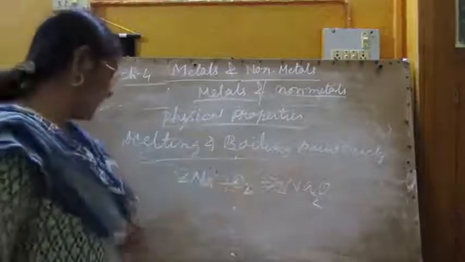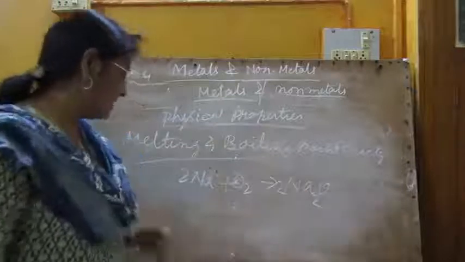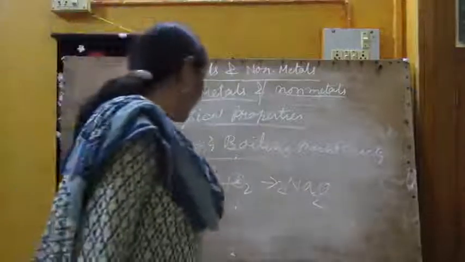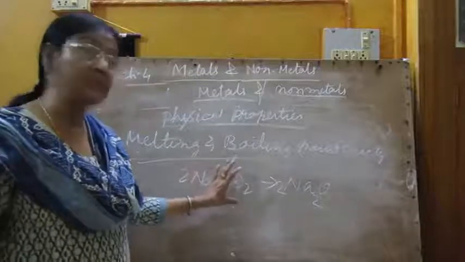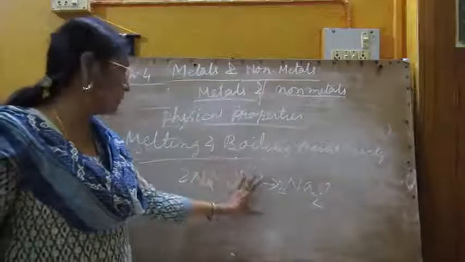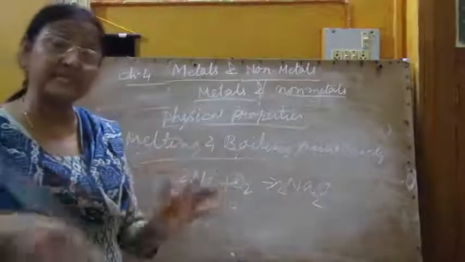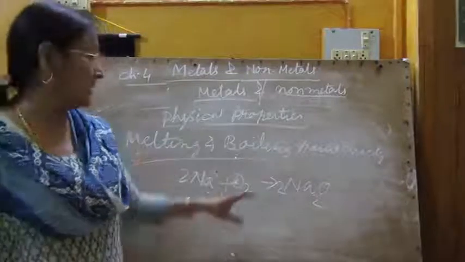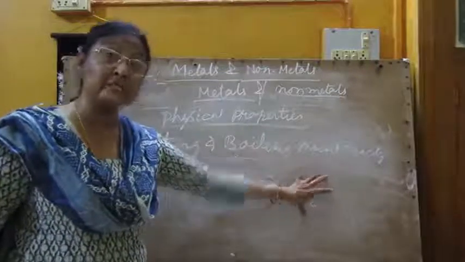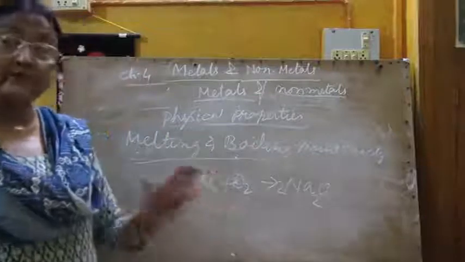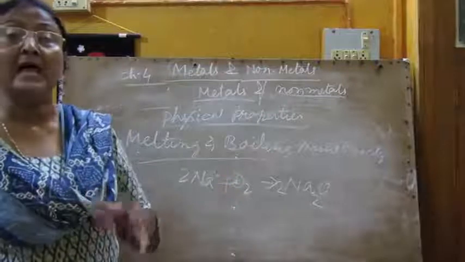In the same way, potassium reacts with oxygen and makes potassium oxide. These oxides are called basic oxides. Keep in mind, when metals react with oxygen, they make basic oxides. Bases and acids you have learnt in previous classes. These oxides are basic in nature, whereas when non-metals react with oxygen, they make acidic oxides.